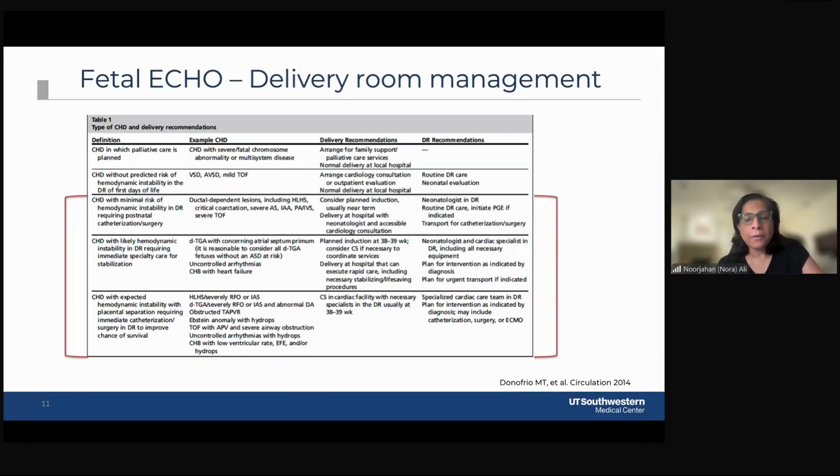A lot of our centers in the States, especially our children's hospitals in the last couple of years, have moved towards having delivery rooms in the children's hospital, especially centers with a really high volume fetal center. Currently, we don't have that in Dallas because our delivery hospital's right across the street.